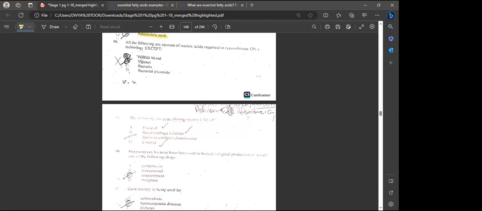But even viruses and bacteria can be. But it says sources of nucleic acids. But the blood has nucleic acid. I feel like I'd go with bacteria, but also viruses could be there, but I'm not too sure. Anyone?